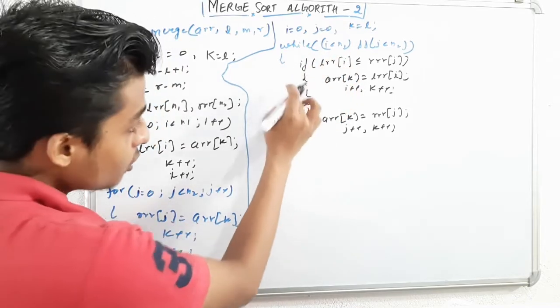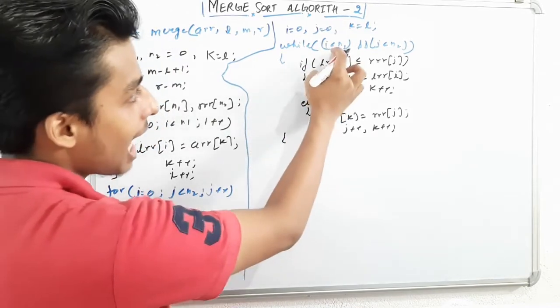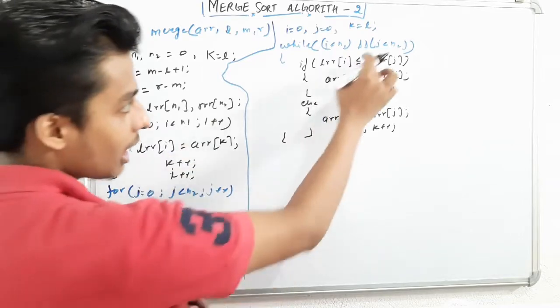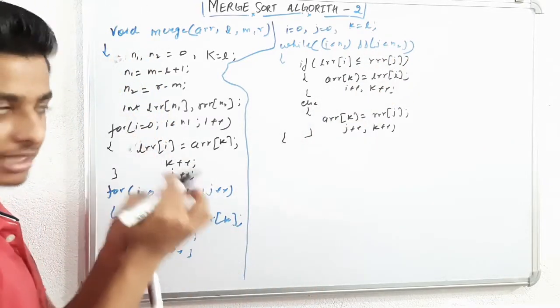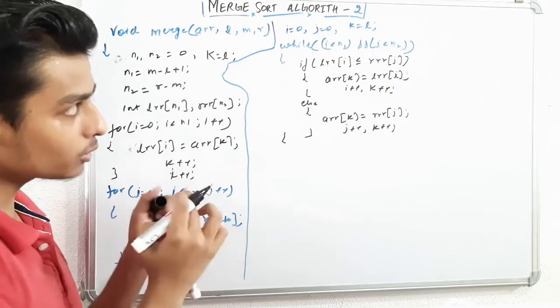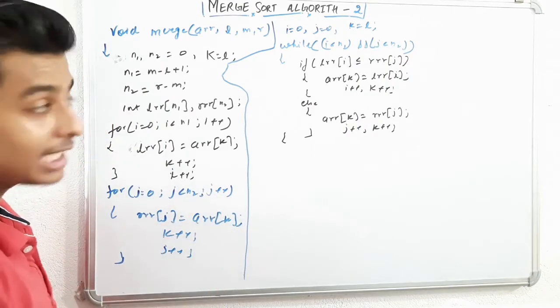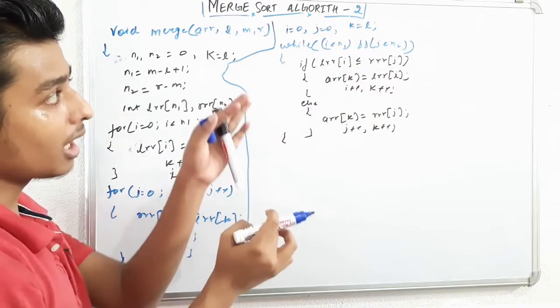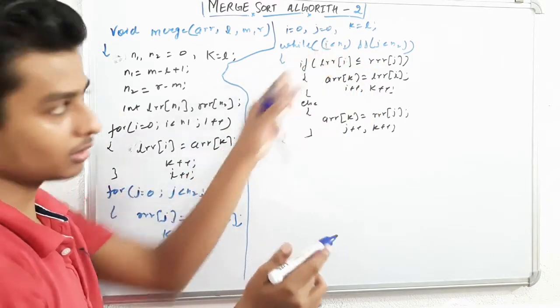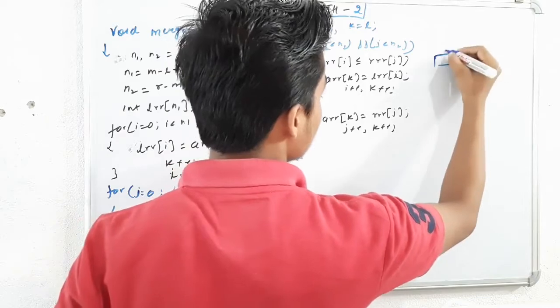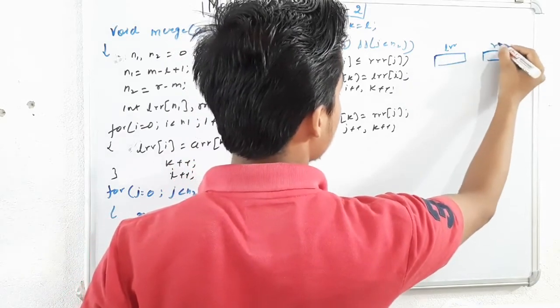When you come out of the while loop, either i will be equal to the size of the array or j will be equal to the size of the array. If j is equal to the size of the array, then we just need to put the elements that have remained in the LRR. Say this is your LRR and this is RRR.